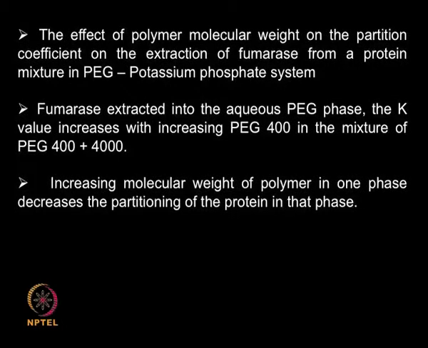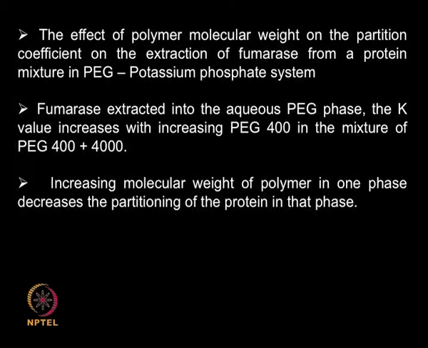The type of polymer which you use as well as the molecular weight of the polymer which you use for extracting the protein will have a very strong effect on the extraction efficiency. This particular example tells you the molecular weight of PEG is affecting the extraction very dramatically. For example, you are trying to extract fumarase from a protein mixture using a PEG potassium phosphate system. Potassium phosphate is your buffer, PEG is the biopolymer which you are using.